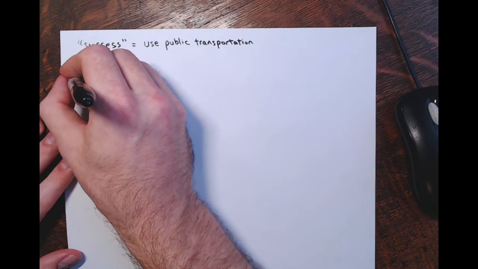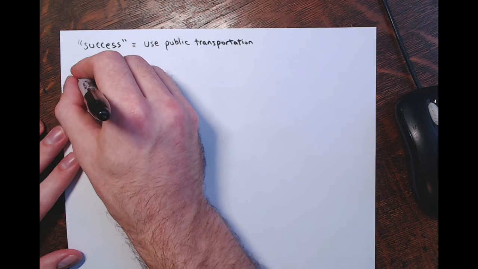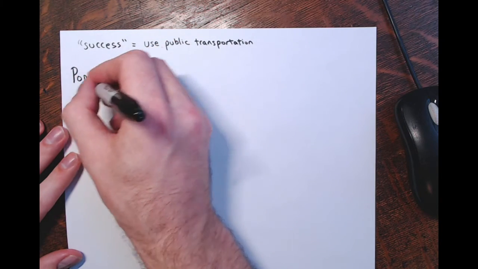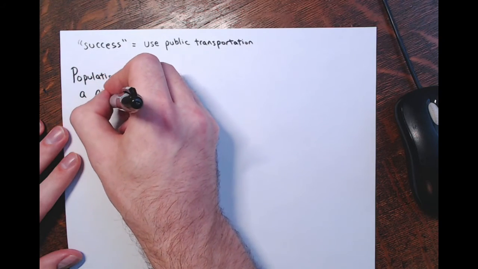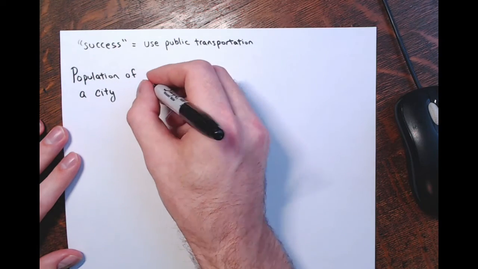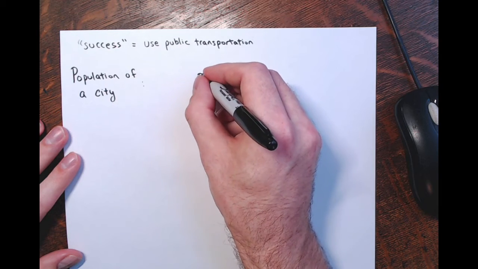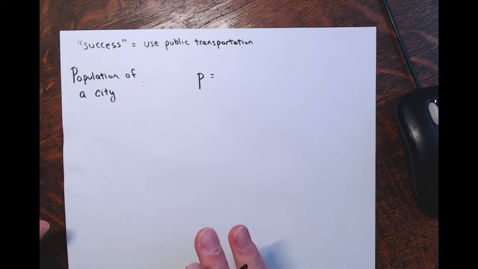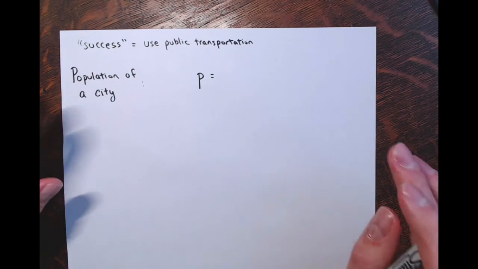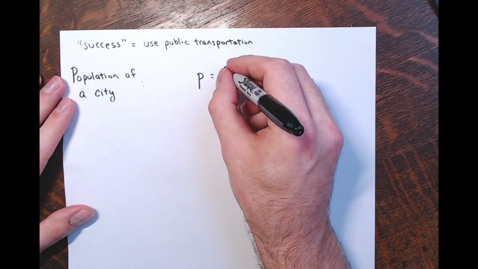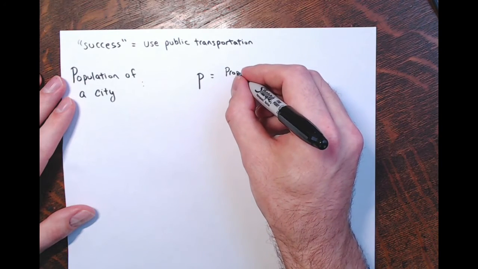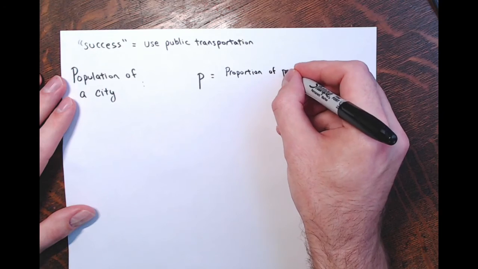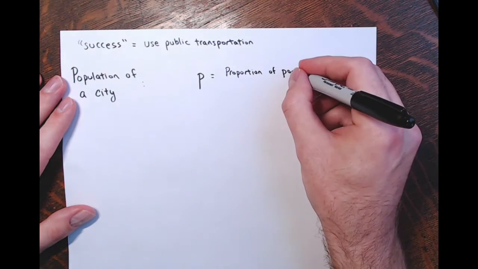Now we have this population of some city that Emma lives in, and remember, lowercase p on its own, with no hat or apostrophe, represents the proportion of the entire city, the proportion of the population that uses public transportation.